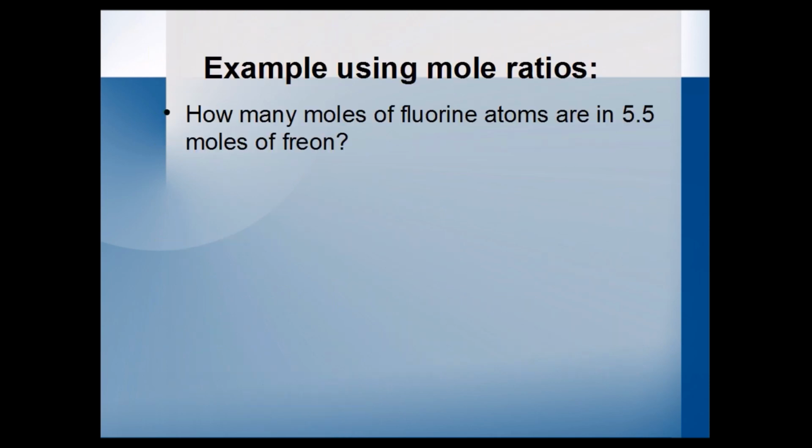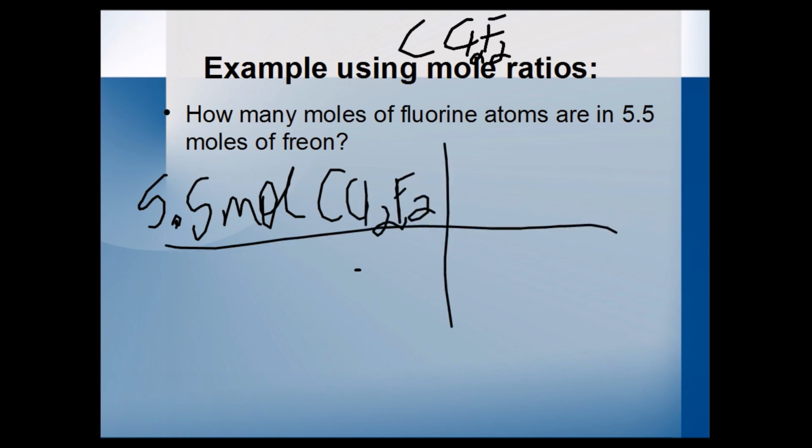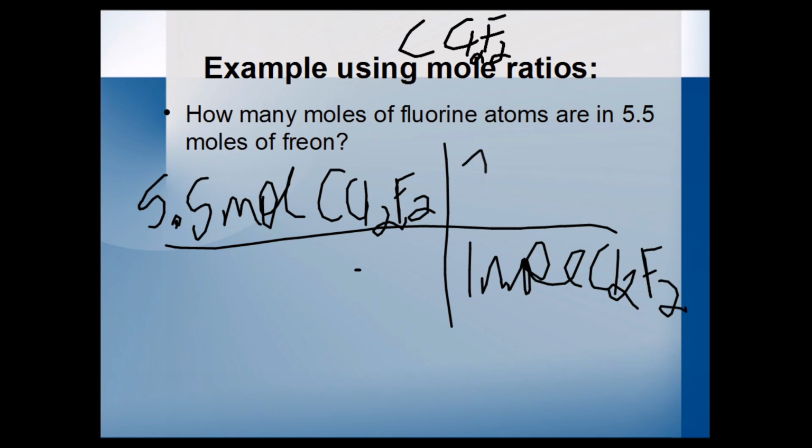So how many moles of fluorine atoms are there in 5.5 moles of Freon? So if there are 5.5 moles of this whole thing, in 1 mole of that whole thing, there are 2 moles of fluorine.